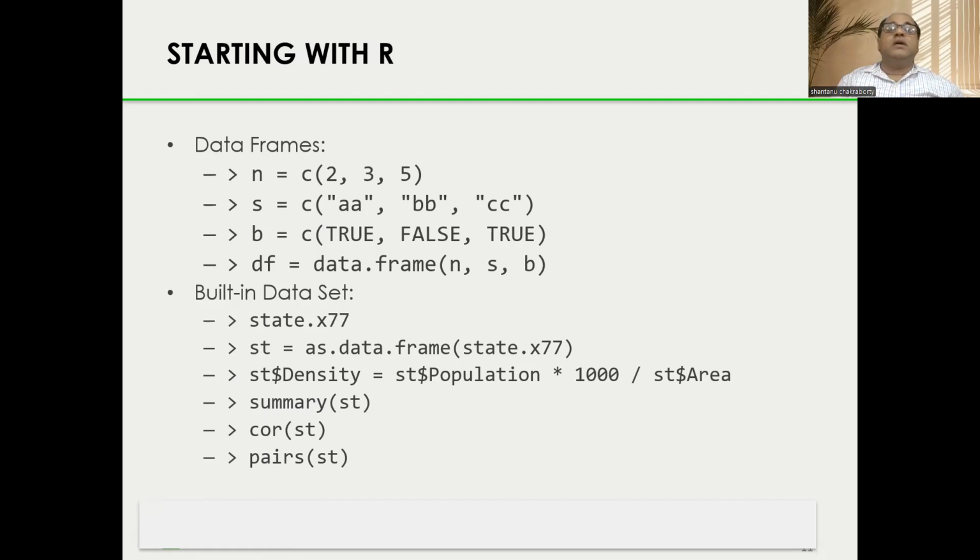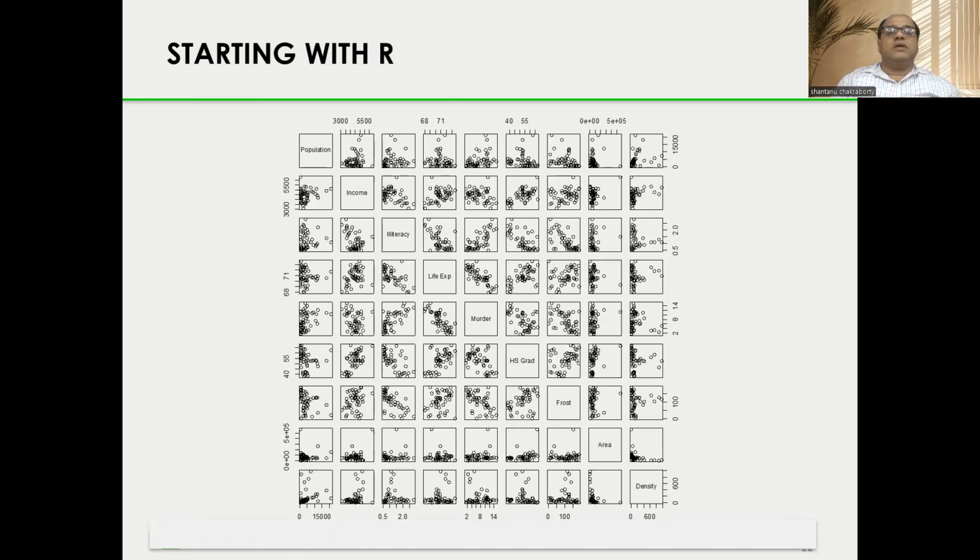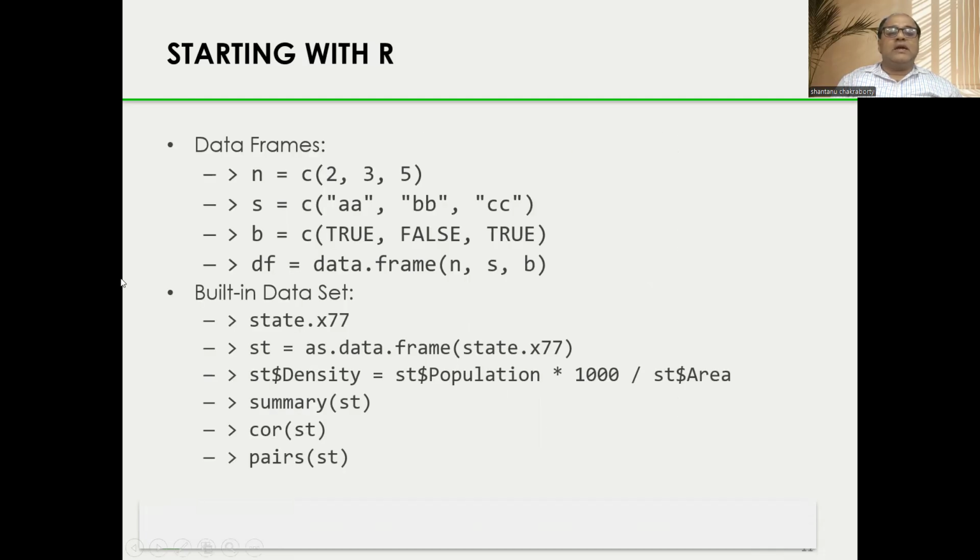And then we have the data frame in R. We can have some built-in data frames that RStudio supports. And we can get the summary data from the data frame. We can get the correlation or paired data, and that can be displayed one after another. So this is how the data frame and its plots, the pair plot, we can get from R, or we can get the correlation between two different data sets.